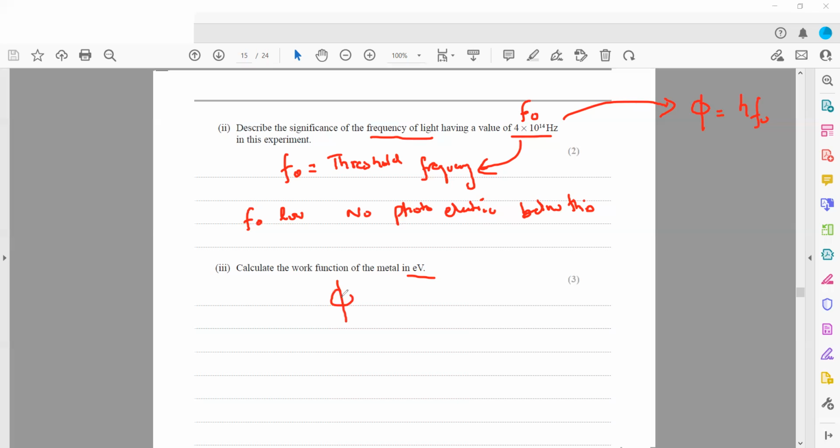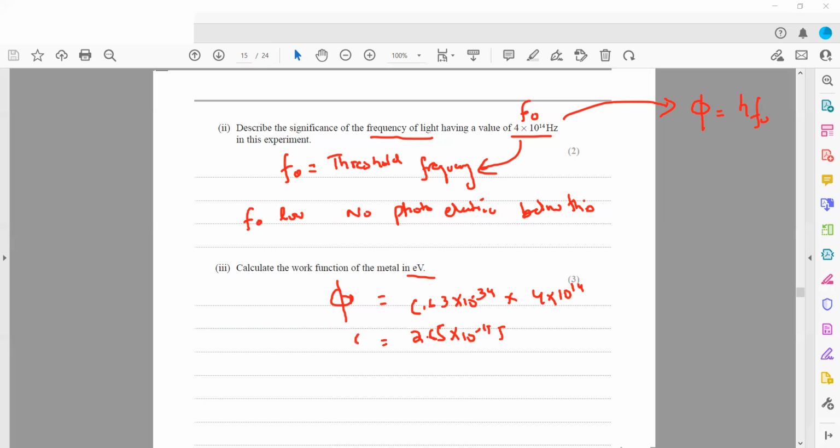So phi is equal to the value of the Planck's constant, which is 6.63 times 10 to the power minus 34, times the minimum possible frequency, the threshold frequency. We'll get the answer in joules: 2.65 times 10 to the power minus 19 joules.